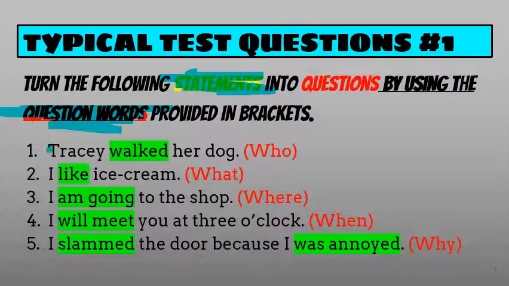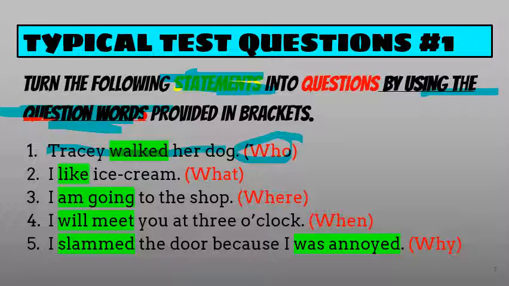I'm going to give you the statement and supply you with a question word, and then I'm going to give you the instruction: turn the following statements into questions by using the question words provided in brackets.